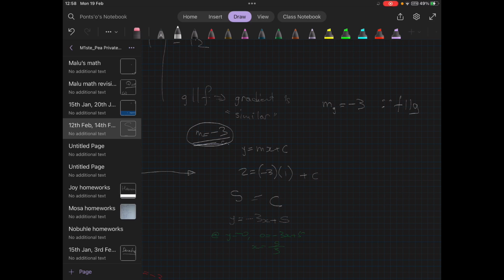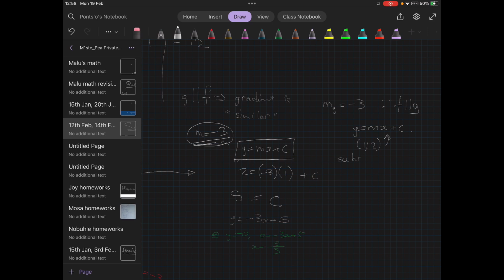Remember our straight line is in the form y equals mx plus c, and we know that m is the gradient, but we've also got the point (1, 2) that lies on this straight line. That means we can substitute x equals 1 and y equals 2 and m equals -3 into the same equation.